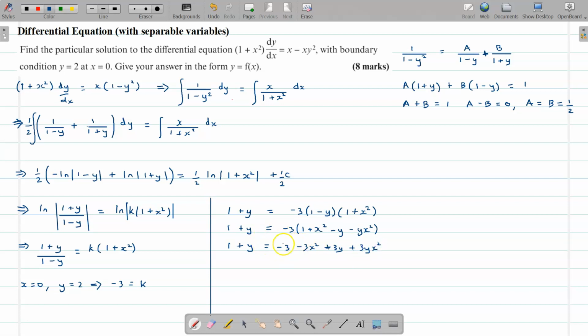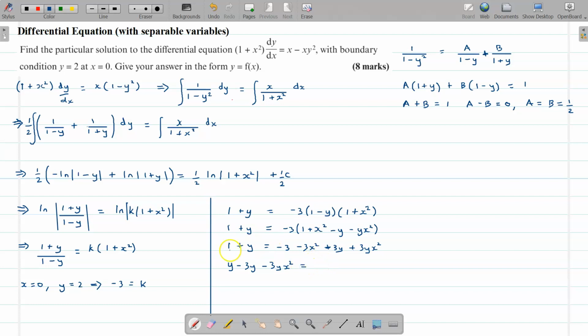Now we just move all the y terms to the left and all the non-y terms to the right. So I've got a y, I've got to take that 1 over the other side, but let me first of all bring the minus 3y and the minus 3yx squared. So all the y terms are on the left.